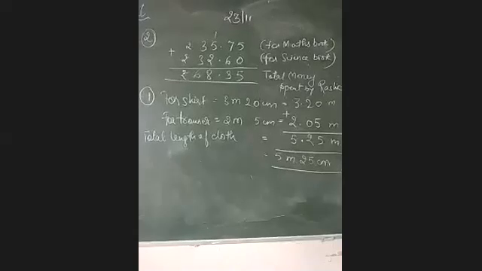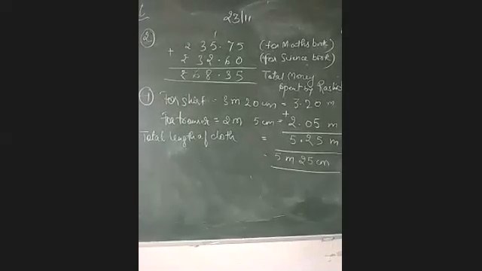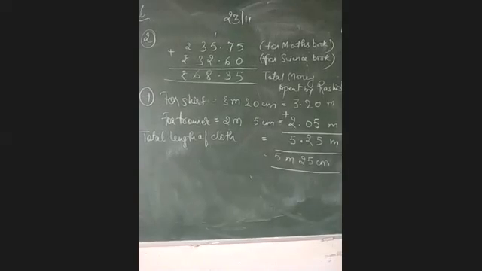Beta, addition subtraction is not so tough. Word problems are very easy. Question number 5 में भी देखो, 1 kilometer 7 meter and 2 kilometer 35 meter in the morning, 1 kilometer 7 meter in the evening. How much distance did he walk in all? Question number 5 is also easy.